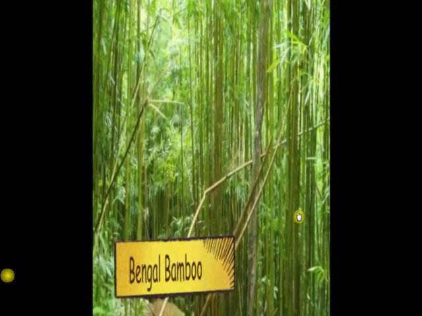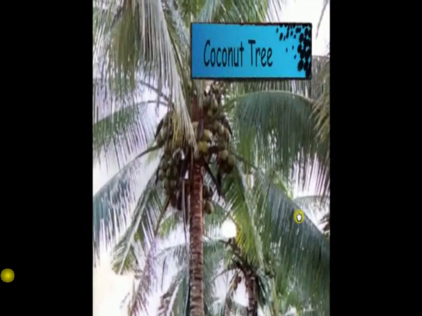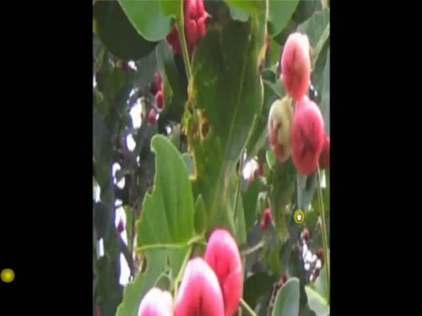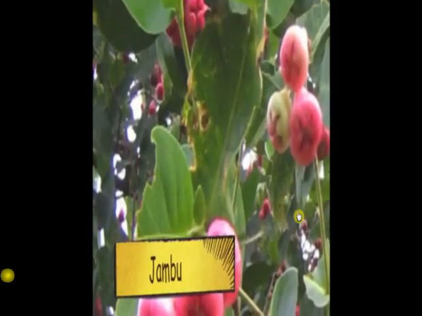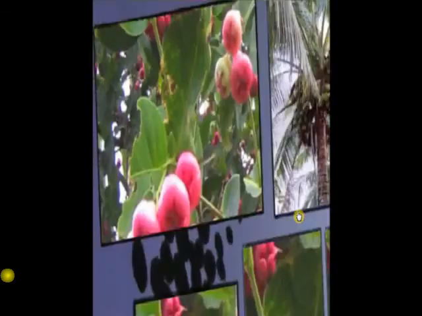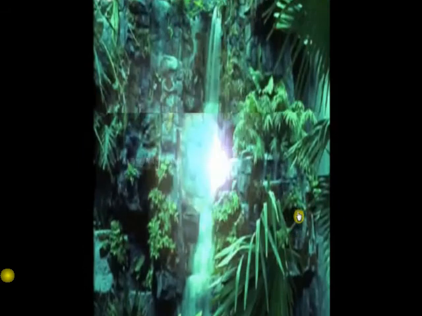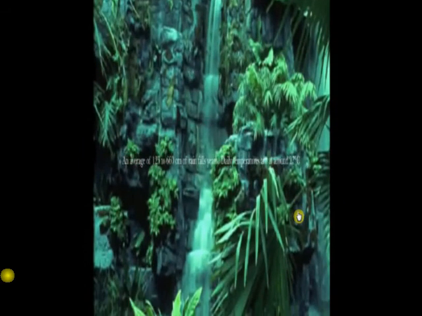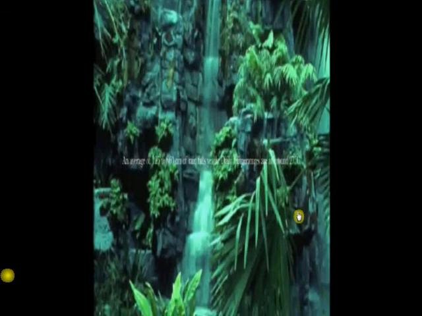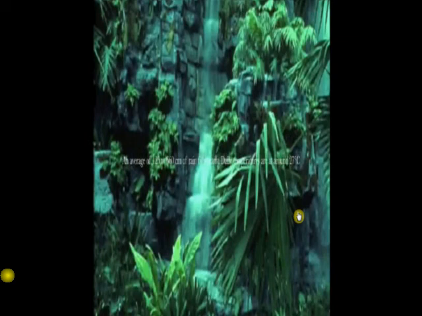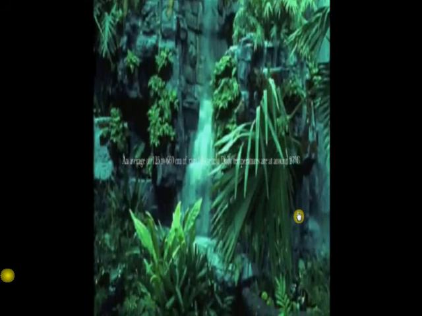The plants: the Bengal bamboo, the coconut tree, and the jambu. Again, the average rainfall is quite a bit higher than many other places, and the daily temperatures really stay around the same throughout the entire year.